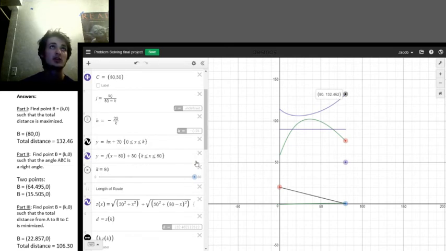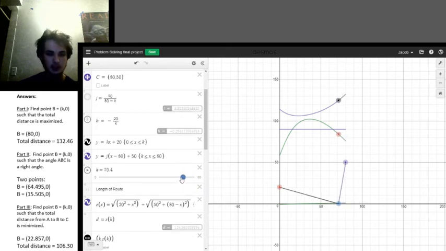For part 2, the points where the angle is a right angle are found at 64.495 and 15.505. And the point at which the total distance is minimized is found at the bottom of this curve, which is at 22.857 units.